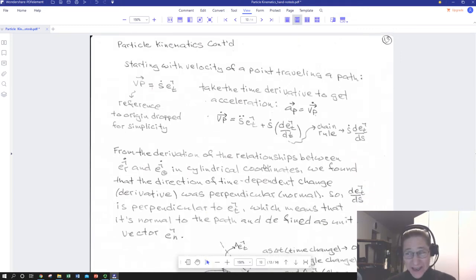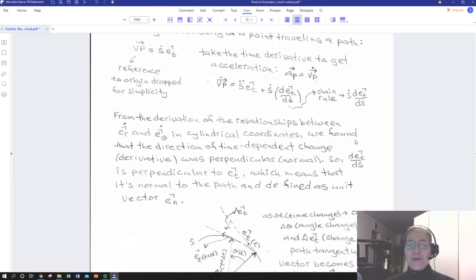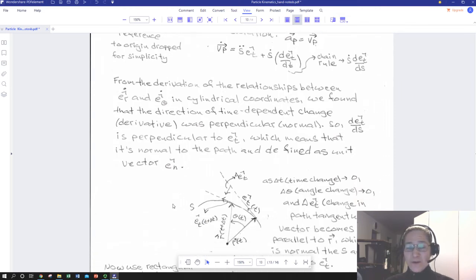So go back to the same kind of consideration that we just did to evaluate d t hat/ds, and we find that we can express this in terms of our normal vector, the normal to the path.